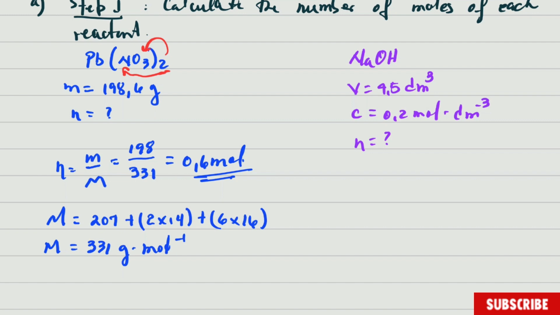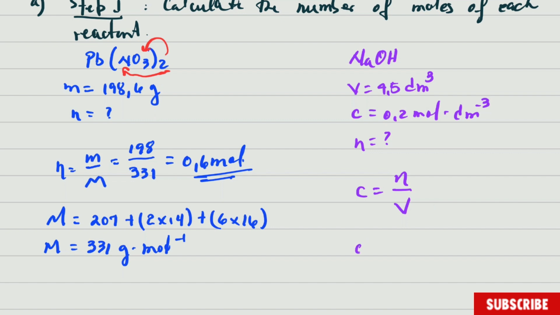Now we are going to do the same for sodium hydroxide, but use a different formula because we don't have the mass. What we have here is the concentration and the volume. We're looking for the number of moles, guys. Concentration is equal to number of moles divided by volume. All we have to do is substitute all the data, which is in the units it must be.